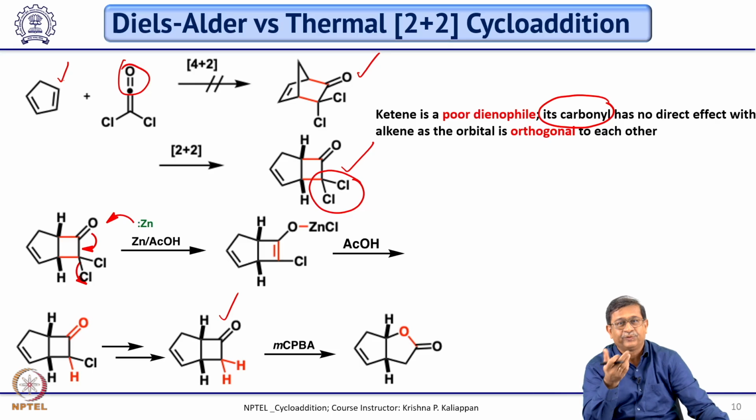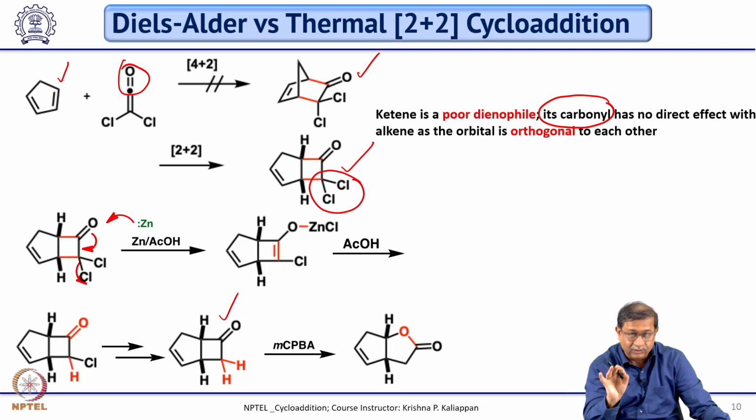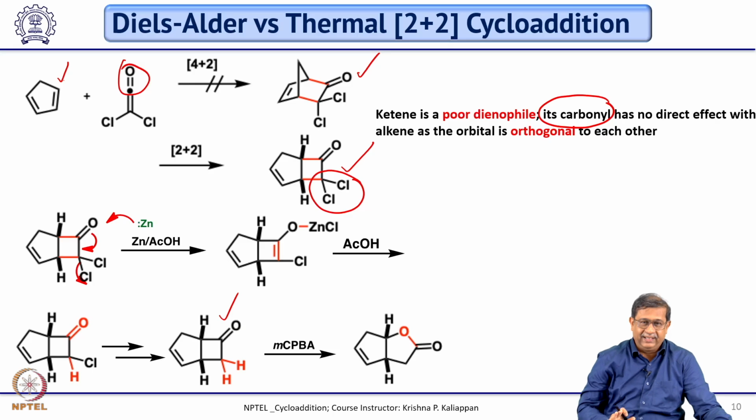So, there is no overlap. So, having a carbonyl group as part of the ketene is of no use for the ketene to behave like a proper dienophile in a 4+2 cycloaddition reaction. That is why it reacts as a 2 pi component and it undergoes a 2+2 cycloaddition reaction.